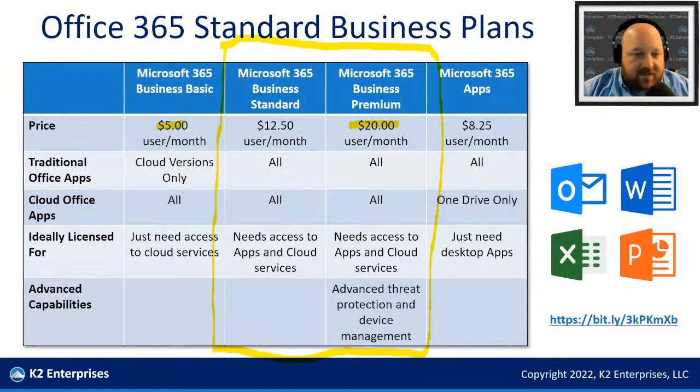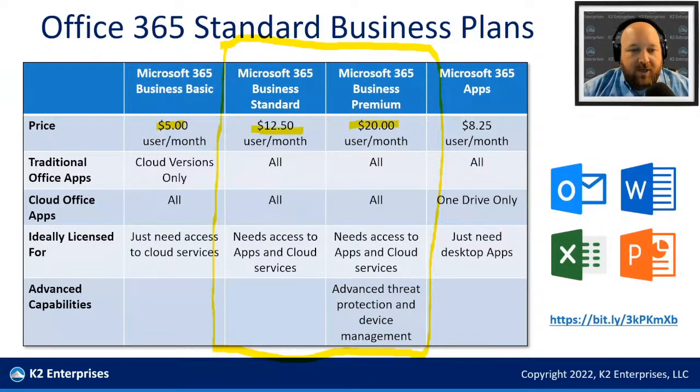The business basic is only really cloud tech. So it's going to give you an email address, access to SharePoint, the cloud version of Excel and PowerPoint, stuff like that. But you're not going to get the desktop applications. It's not a good option for, let's say, field workers. It's a good option for line workers. But if you're a desktop worker, that's not for you.